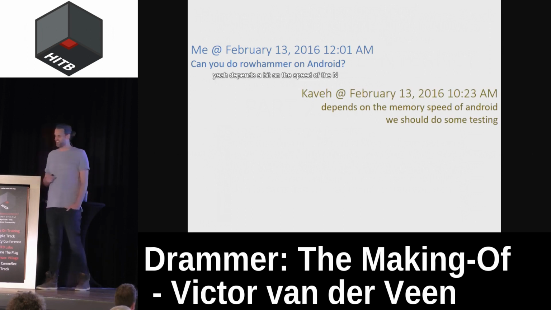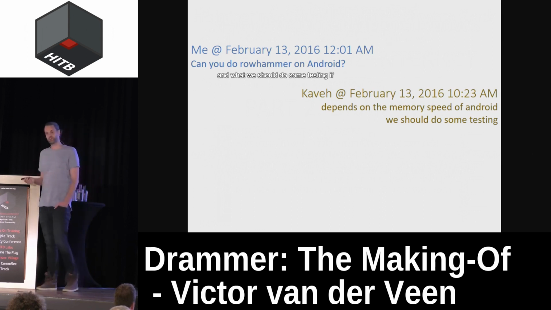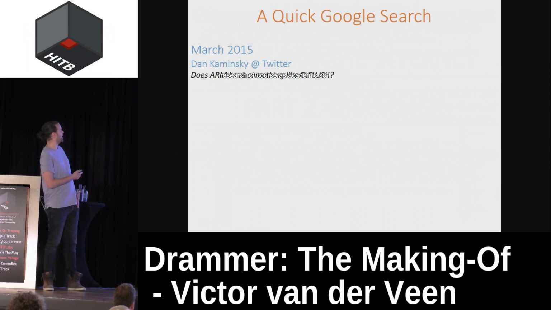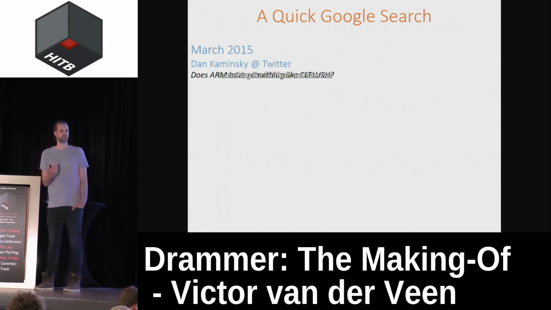So Kaveh's response was, yeah, it depends a little bit on the speed of Android or the ARM device that we're using, but we should do some testing. It might be interesting. So I did some Google research, of course, as an academic. I found a tweet from 2015, the year before, from Dan Kaminsky, asking the public, does ARM have something like clflush?